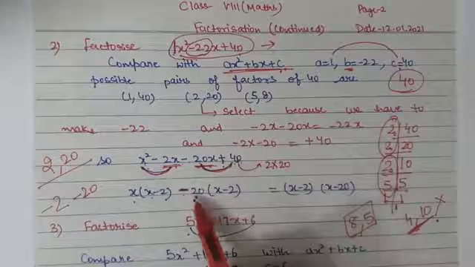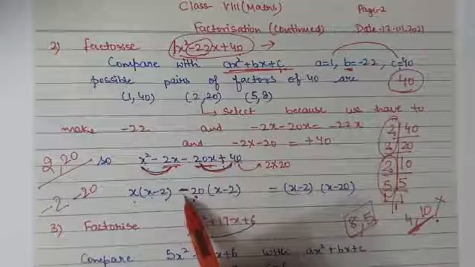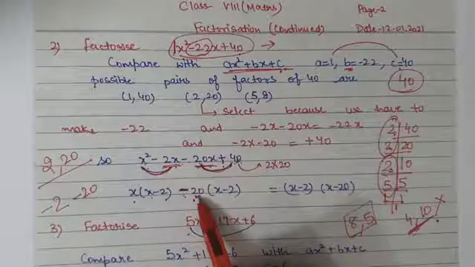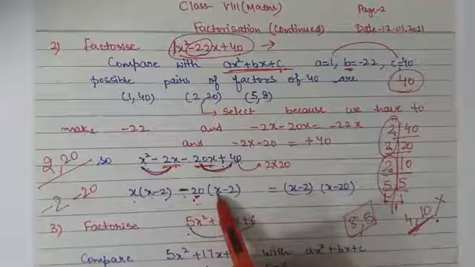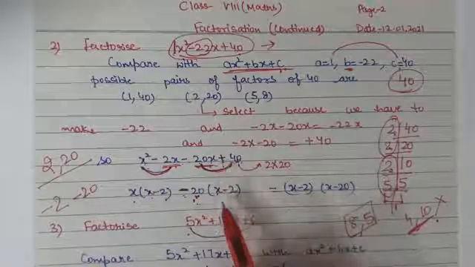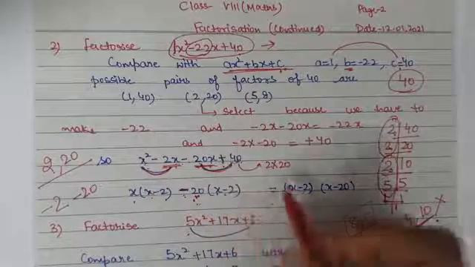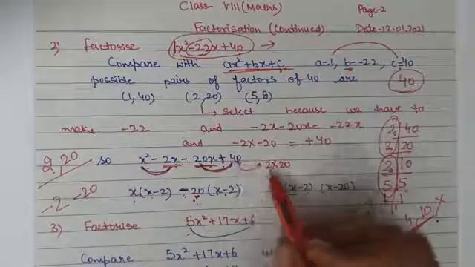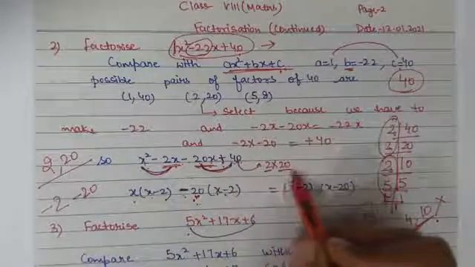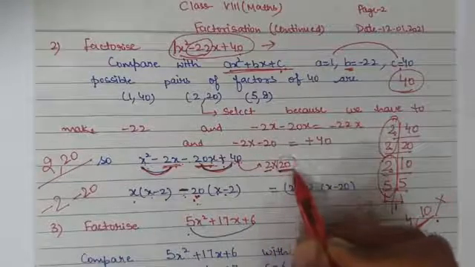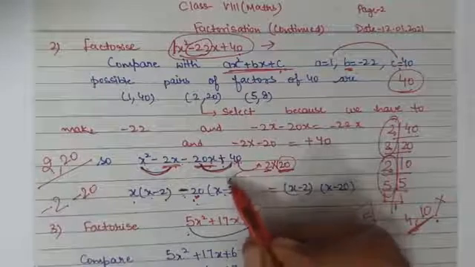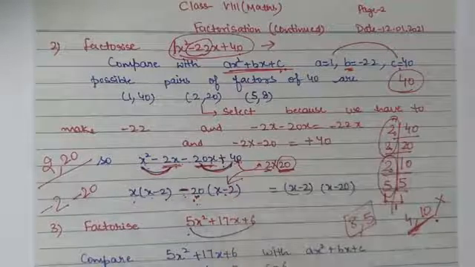So what will I get? Minus 20 I have taken common. X is there. Then plus will change to minus. Now 40 can be written as 2 into 20. 20 I have taken common. What is left? 2. So I have written 2.